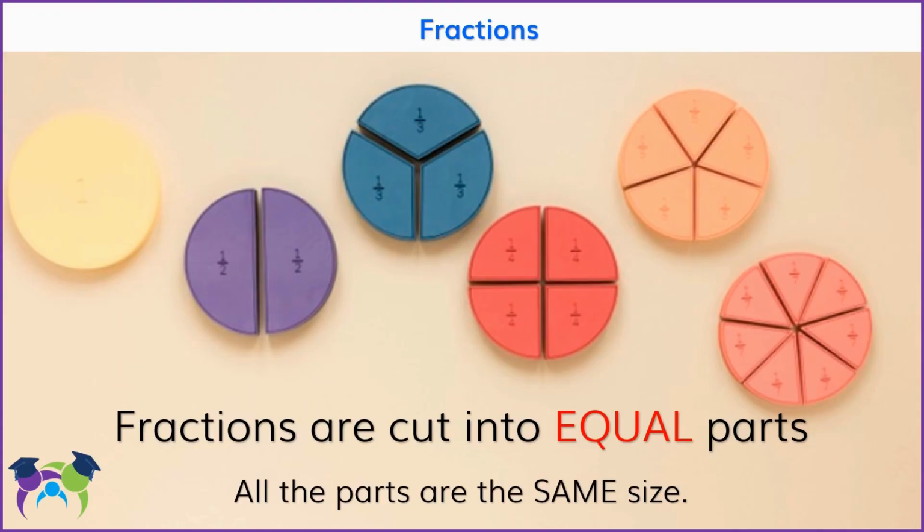So number 1, we have one whole yellow circle. Then we have 2 parts of purple circles. Then we have 3 parts to the blue circle, 4 parts to the red circle, 5 equal parts of the peach circle, and 7 equal parts of the orange circle.